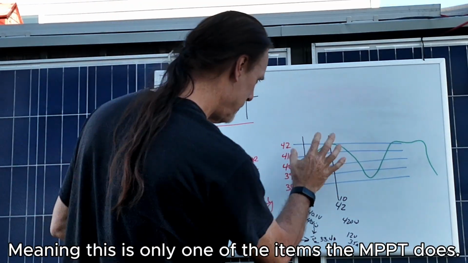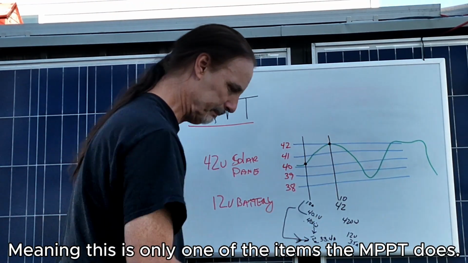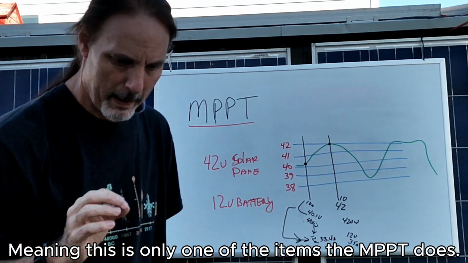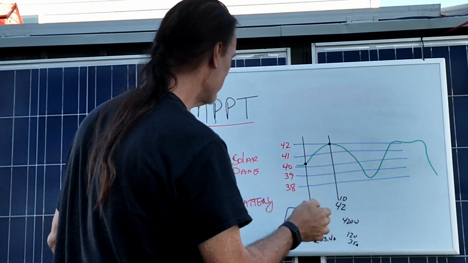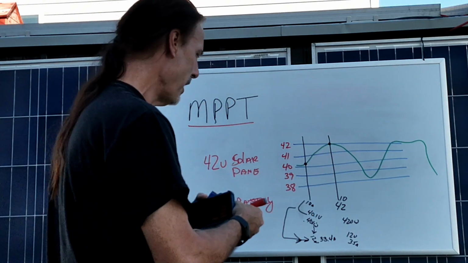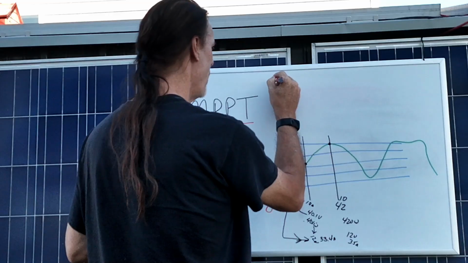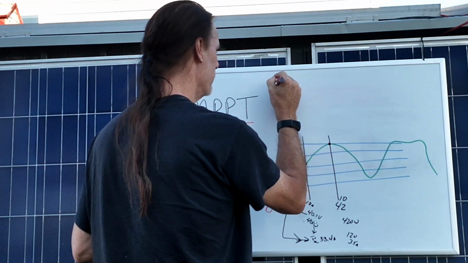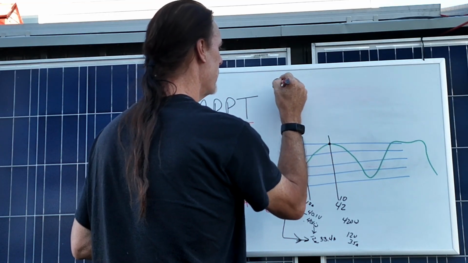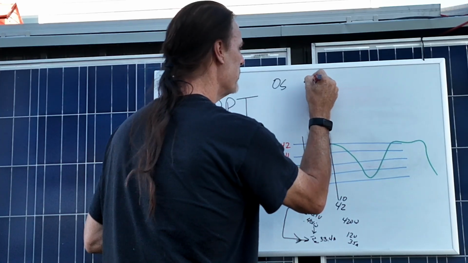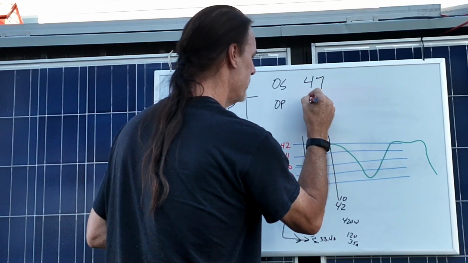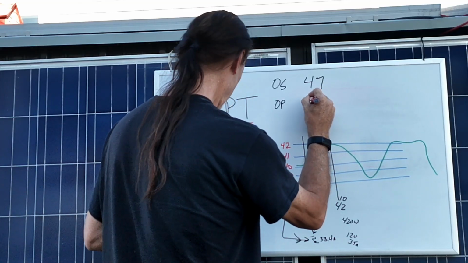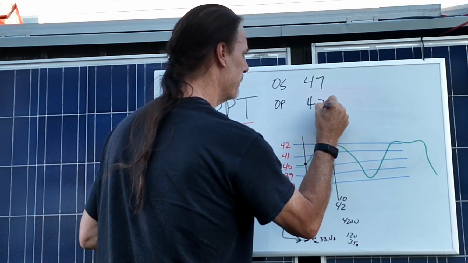Now, it's a bit more complicated than this. In order for it to know where the maximum is, you'll notice on a solar panel there are two voltages. There's the open circuit voltage, which may say something like 47, and then there's the operating voltage, which in our example we said was 42 volts.